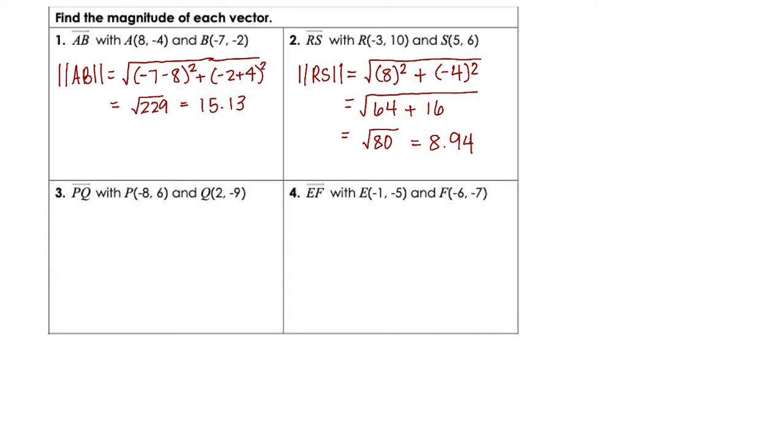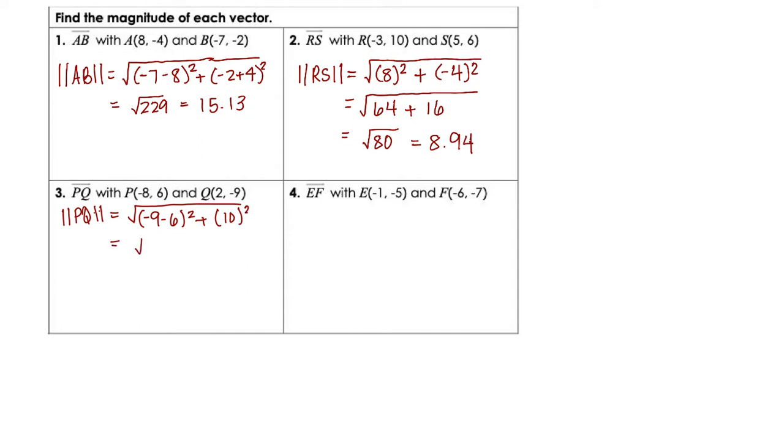Okay, so for number 3, you're going to have the magnitude of vector PQ. It's going to be the square root of -9 minus 6 squared plus 2 minus -8, or 10, squared.